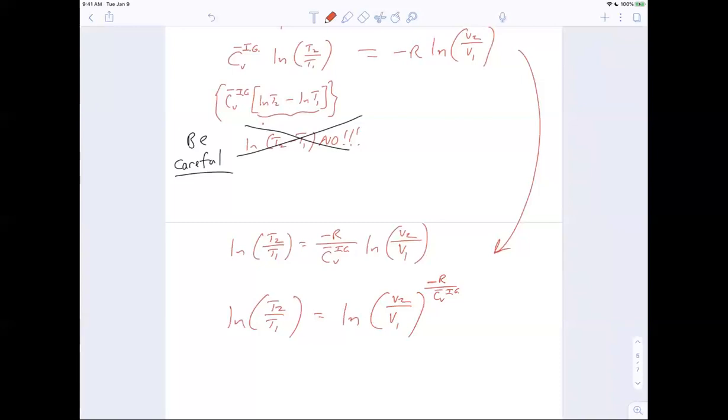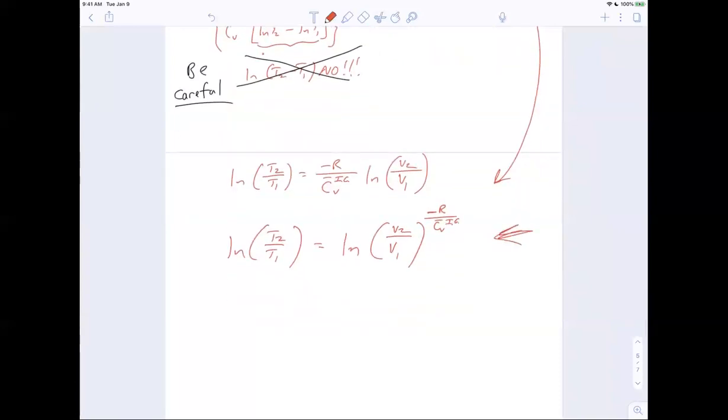If you don't remember it, it's a property of natural logarithms: a times the natural log of x is equal to the natural log of x to the a, where a is some constant. That's why I can write this expression in this way.